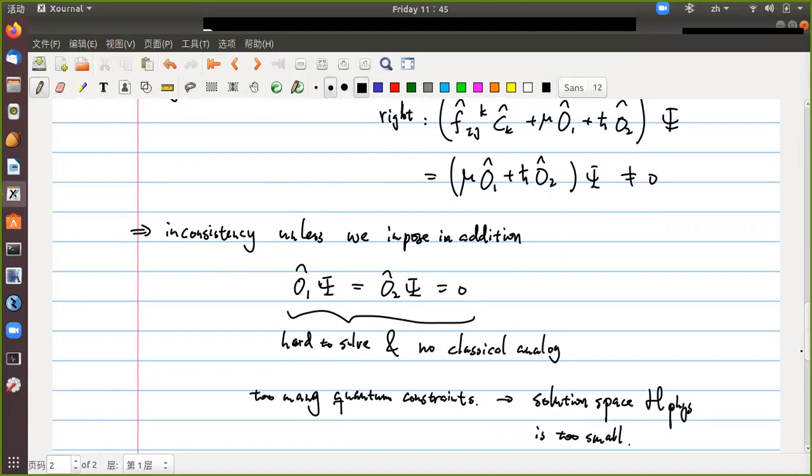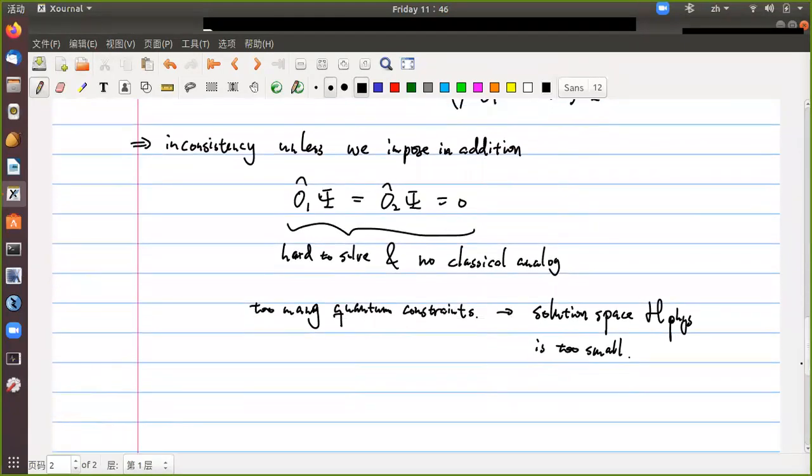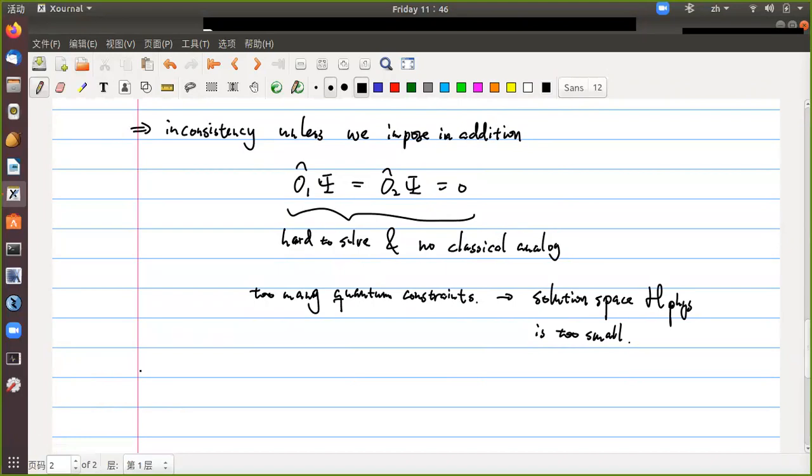But when you impose additional constraints, you get many fewer solutions. Your solution space may be too small, and so the entire procedure becomes problematic. So the conclusion is that constraint anomaly is problematic.